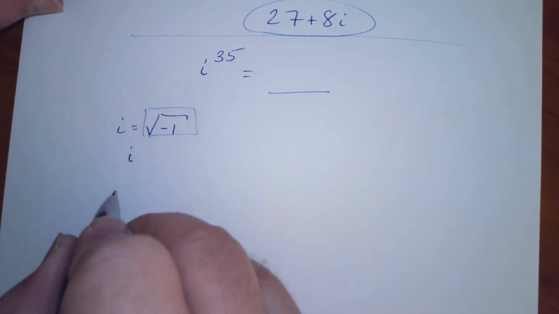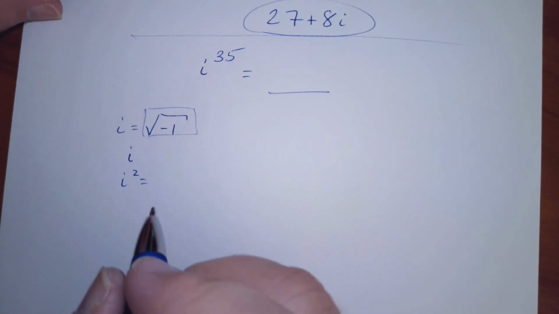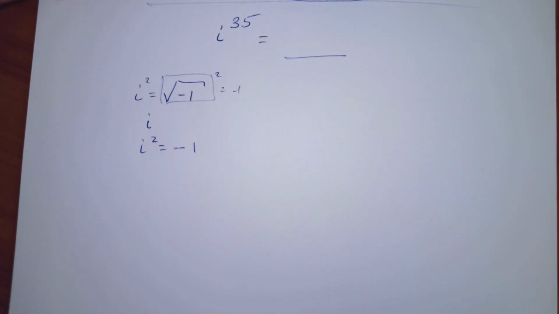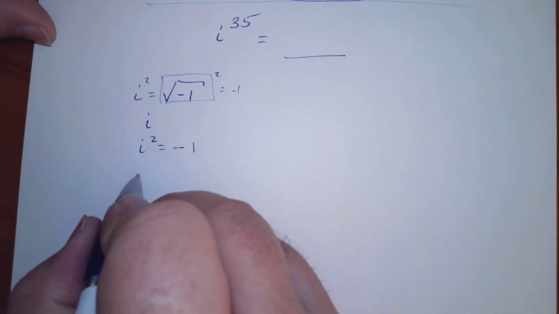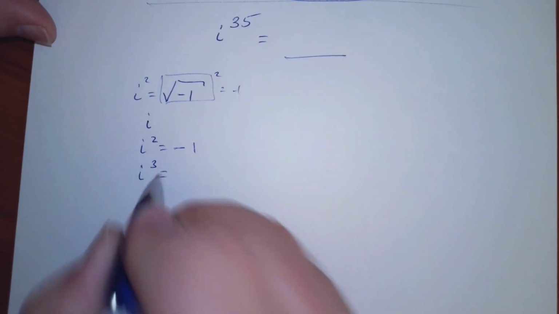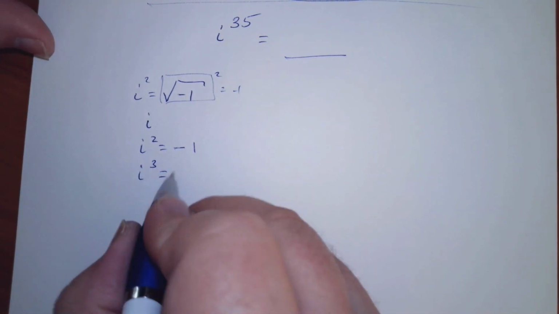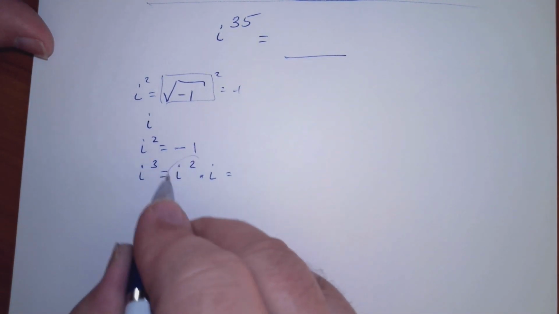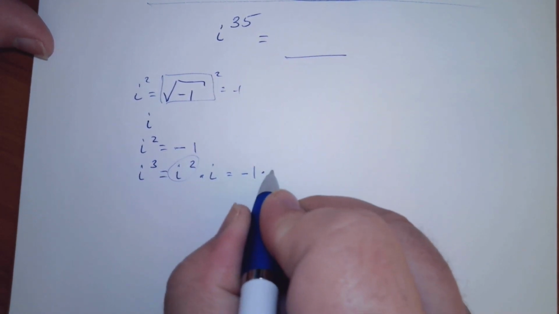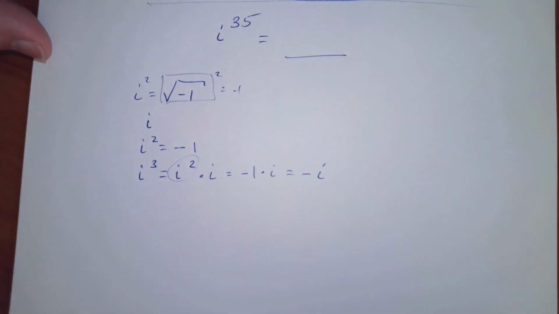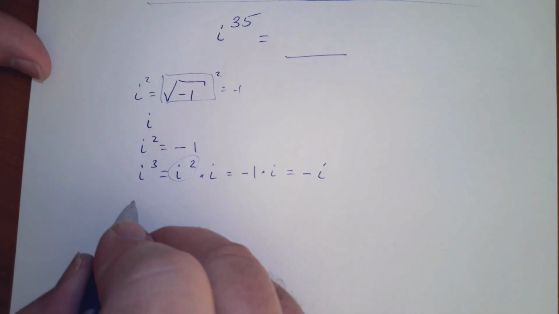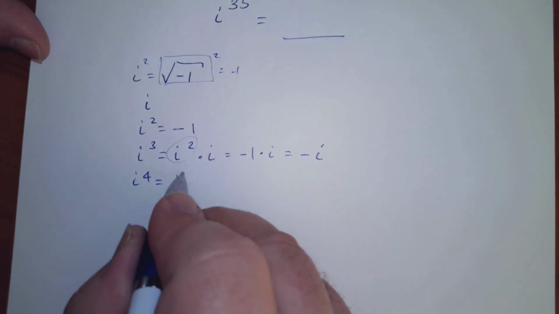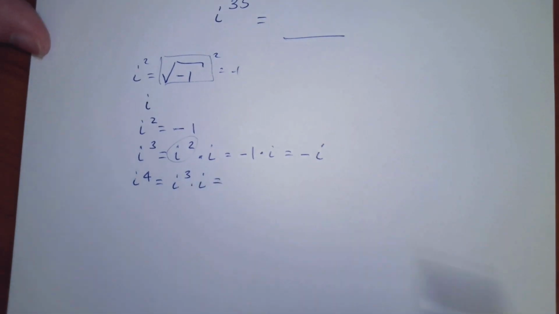That's just i. i squared, if we square both sides, then we get negative 1. i cubed is made up of i squared times i. i squared is negative 1, times i is negative i. i to the fourth is i cubed times i.